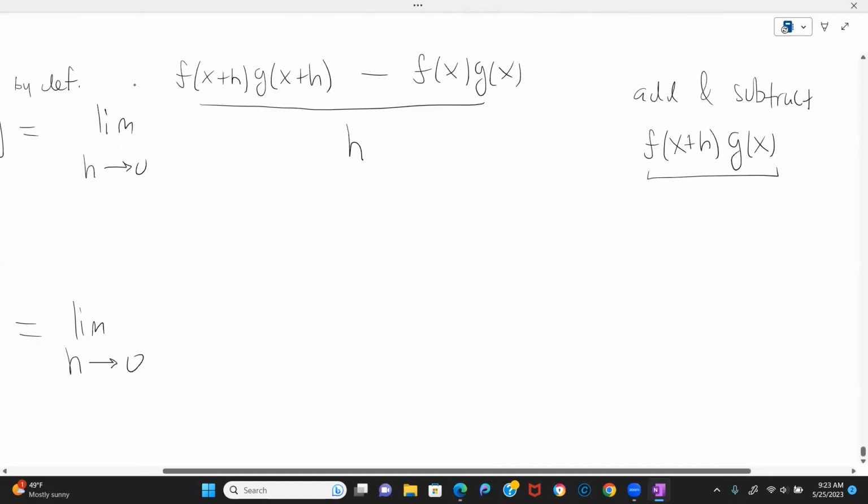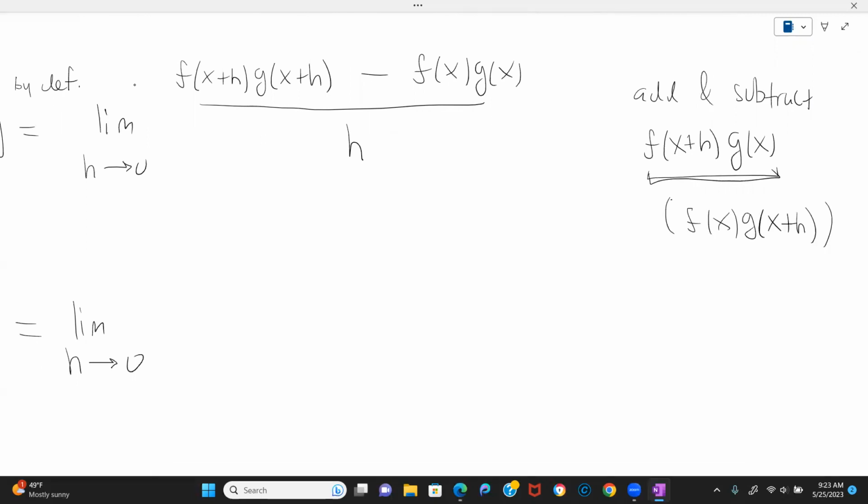And actually, by symmetry, you could either add and subtract this term, or I'm going to guess that you can add and subtract this term by symmetry. Either one will work.